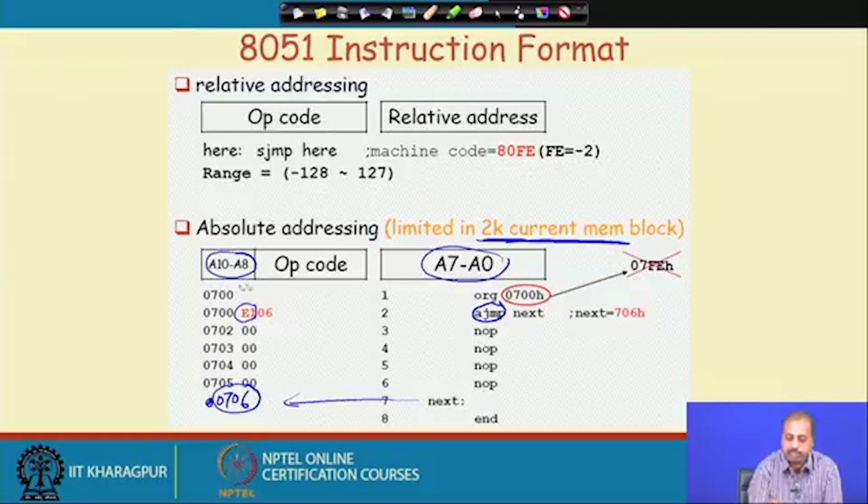Actually, these bits are mixed, so you cannot really differentiate very easily. You have to distribute it and then only it will come. So, this is not 07; if you look into the code, it will be like this. Here 0706 is put directly, distributed in these bits and these bits.